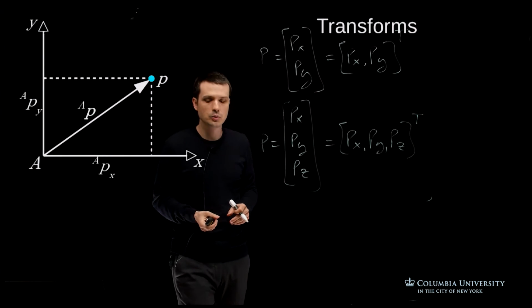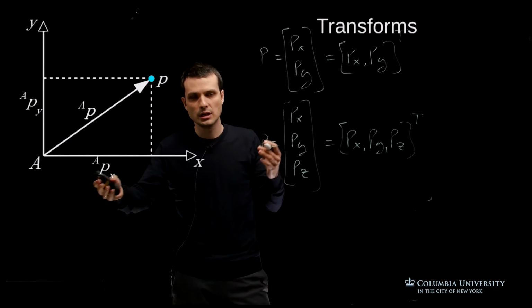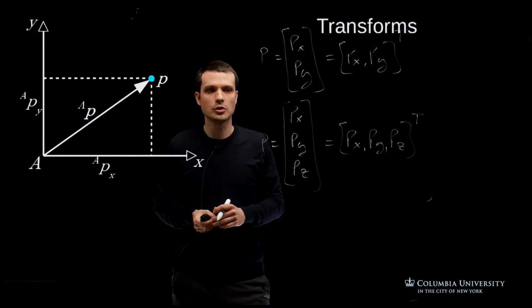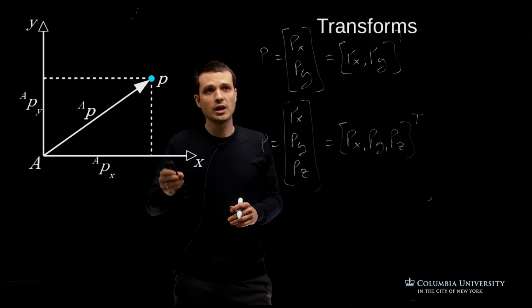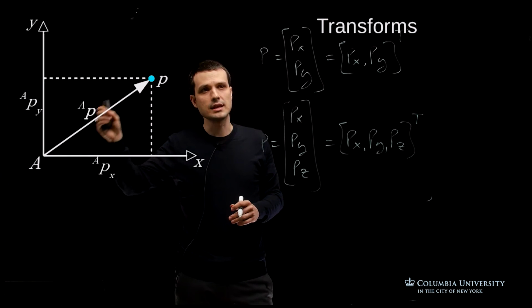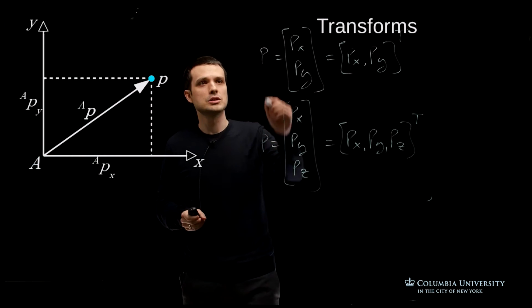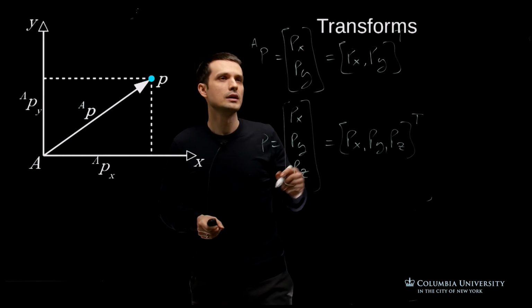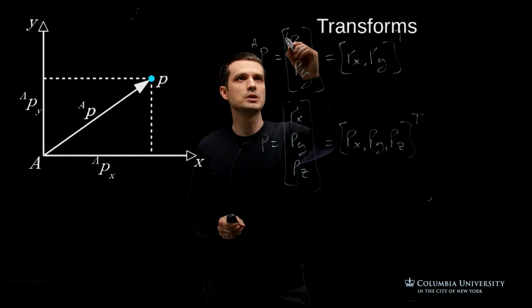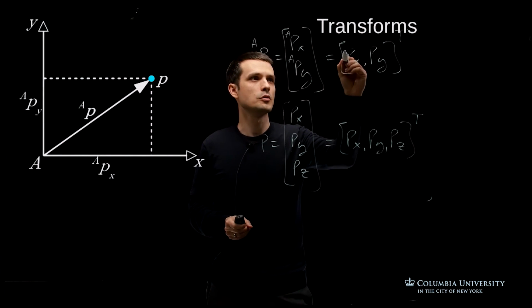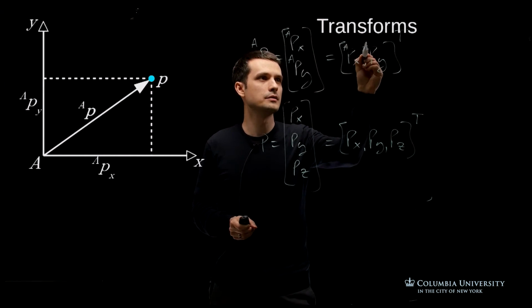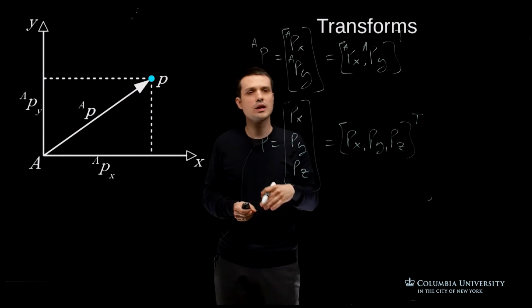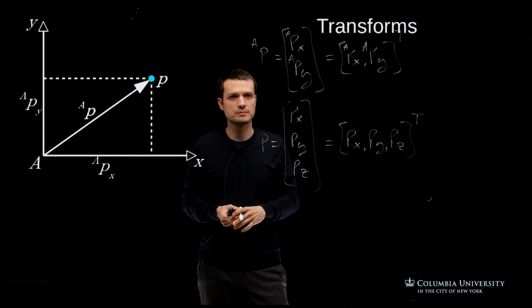To do that, we will generally use, in this course, capital letters to name the coordinate frames. And to make it clear that now we're talking about the point P expressed in coordinate frame A, we have the vector PA, and the components px, py, and so forth are still relative to coordinate frame A.